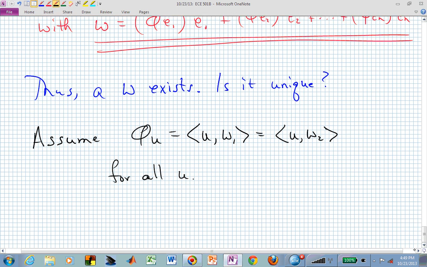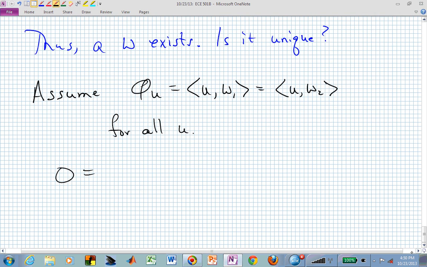But if those two inner products are equal, then their difference should give us the 0, right? It's a scalar. It should give us 0. So we can now say, okay, I can start with 0, and I can write 0 as the inner product of u with w1 minus the inner product of u with w2. And that also is for all u.